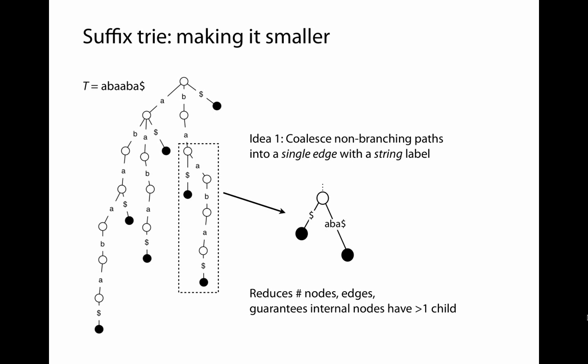It also guarantees that internal nodes in this tree, non-leaf nodes, have more than one child, because all the nodes that had exactly one child were coalesced away. So all the internal nodes of the tree, after this coalescing procedure, have more than one child.